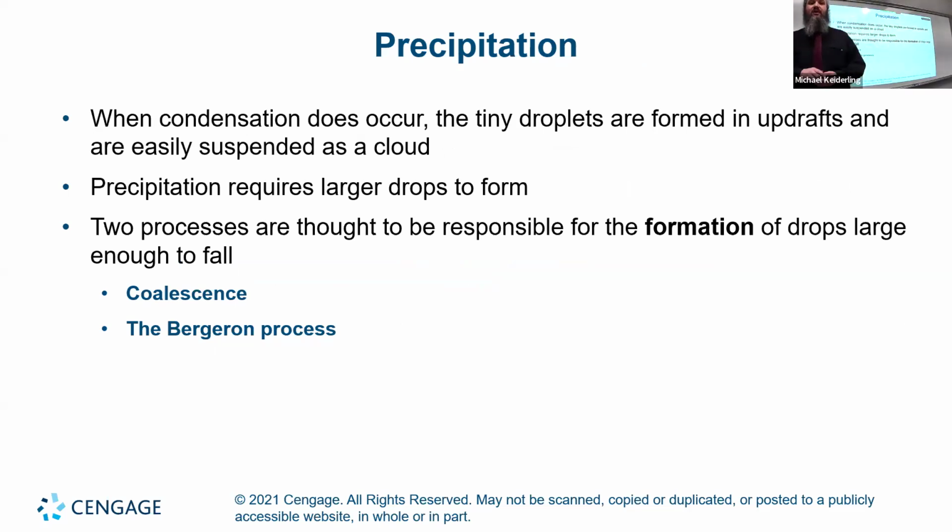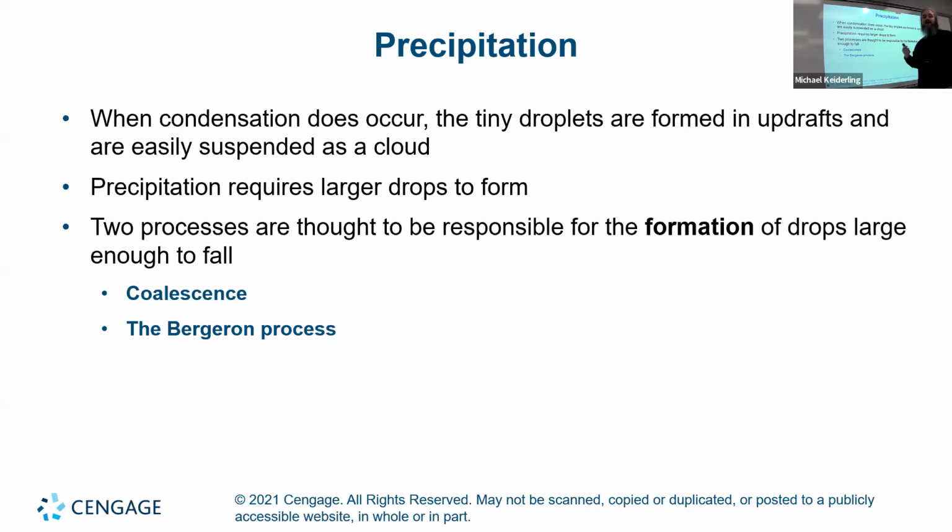So that's usually occurring when air is rising. When air is rising, the condensation forms these tiny droplets, and they're easily suspended as a cloud. So when you see clouds, those are made of tiny droplets of water. Clouds are liquid water. They're just lots of little droplets of it.